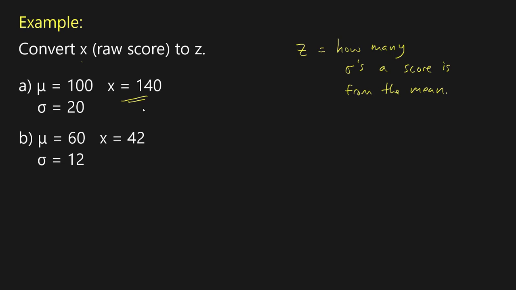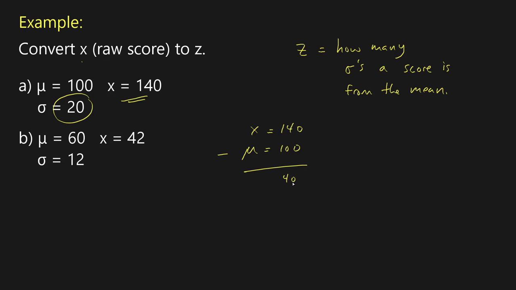We can take our raw score, like we have in part A here, and figure out how many 20s, how many standard deviations, that is from 100. Well, the difference between my score of 140 and my mean of 100, you can figure that out by just subtracting, 140 minus 100, we have a difference of 40.